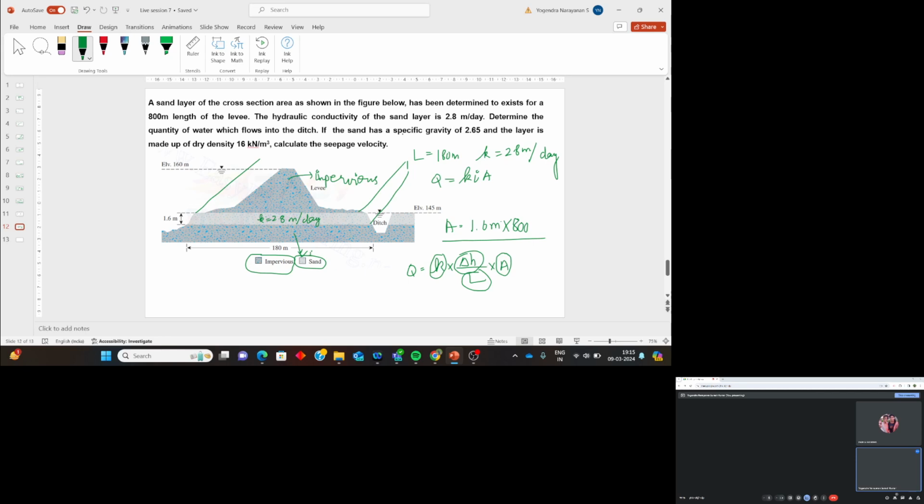Now the property of sand is given. You calculate the seepage velocity now. Vs is equal to V by n. n you know as e by 1 plus e. How will you calculate e? You know the dry density.